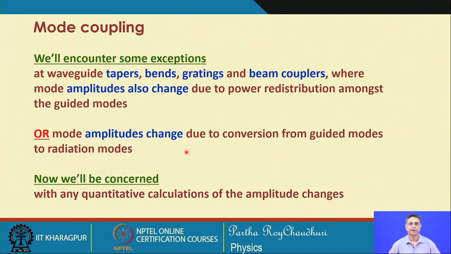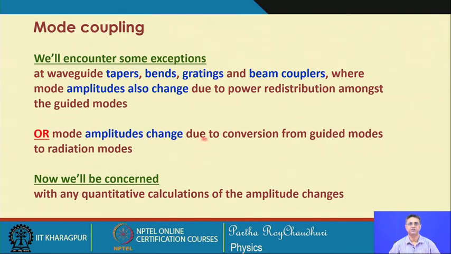In optical waveguides, we will encounter some specific situations where there will be waveguide tapers, there will be bends, there are gratings, then there are beam couplers where the mode amplitudes also change due to the power distribution among the guided modes. And we will see that this is because of the coupling from the modes which are supported by the waveguide.